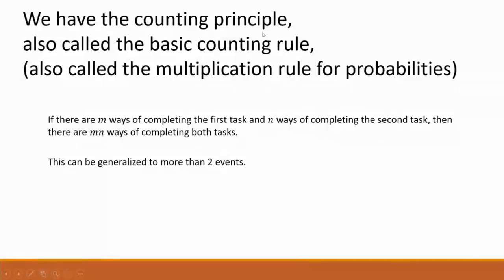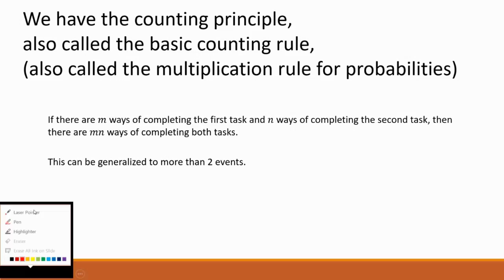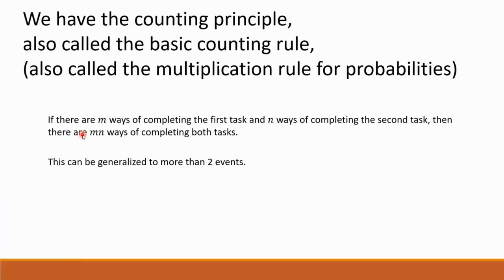The idea is the same in that if you have m ways of completing a certain task, like the first task, let's say, okay? So let's say there's an experiment and you're rolling a die, and then you're flipping a coin.